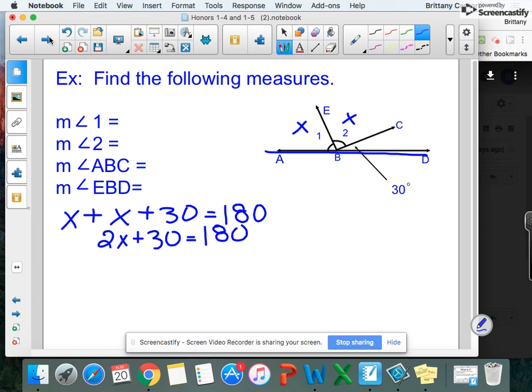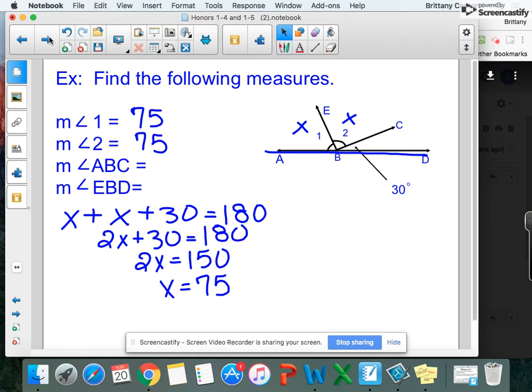If we subtract the 30 over, we get 2x equals 150. So then we get x equals 75. So that means that angle 1 and angle 2 are both 75 degrees. And we can always plug back in and just check that 75 plus 75 plus 30 equals 180.